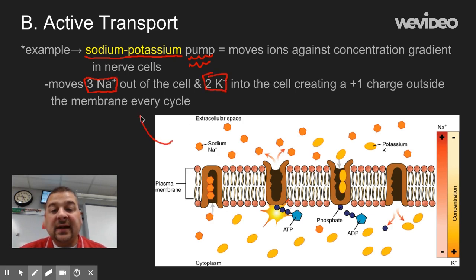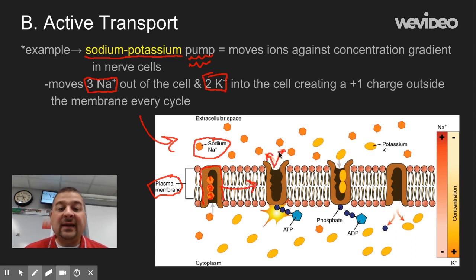If you look at the diagram down here, you see the plasma membrane, and then here is a transport protein, or the little pump. The little hexagons are sodium ions. It's going to grab 1, 2, 3 sodium ions, and if you go to the next step, look, it expels them outside of the cell.